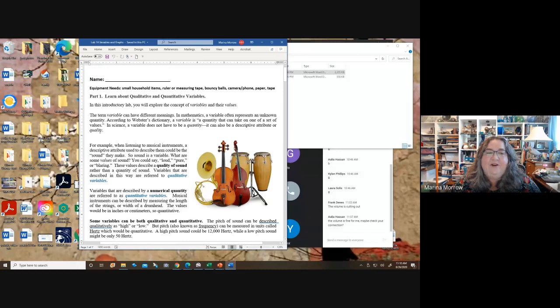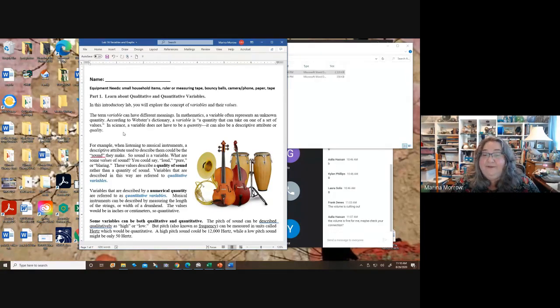Also, variables don't have to be quantities. It can be a quality or description. If I were describing a musical instrument or a drum, I might say it's a big drum, or that's a small drum. Or I might talk about the sound they make. The drum might make a little rat-a-tat-tat sound, usually for a small drum, or a big, deep booming sound.